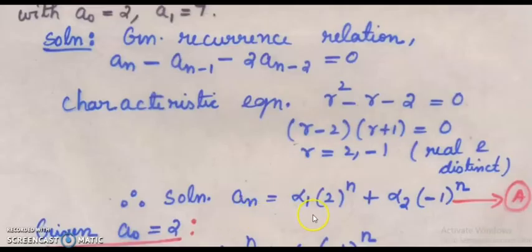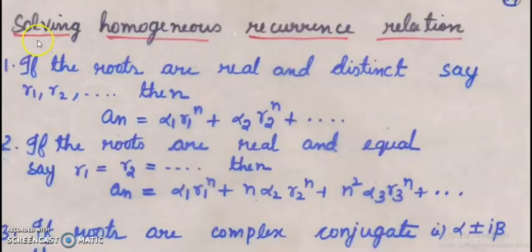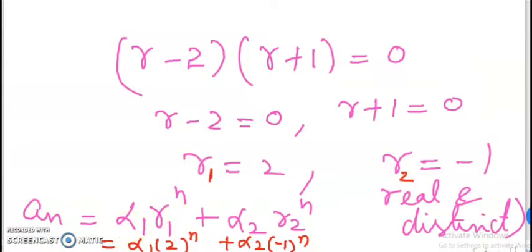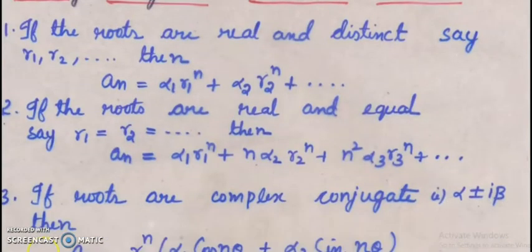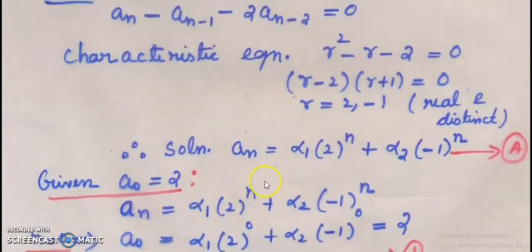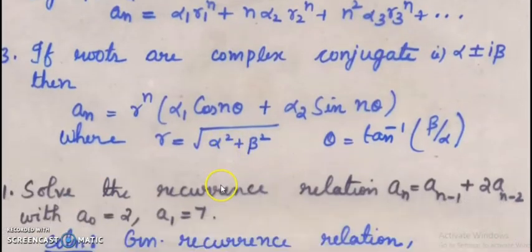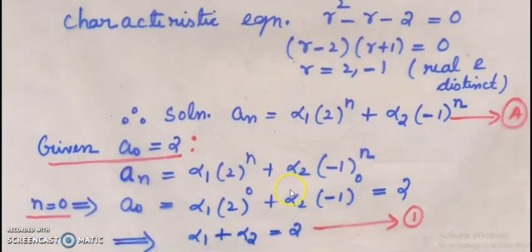Using this first case, if the roots are real and distinct, then we take alpha 1 r1 power n plus alpha 2 r2 power n, and so on. Here we have only r1 and r2, so we take only the first two terms and we get alpha 1 2 power n plus alpha 2 minus 1 raised to n. So that is the solution here.